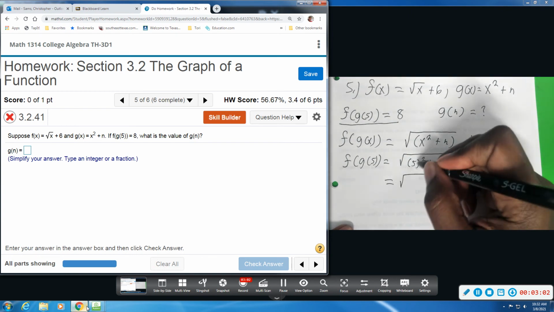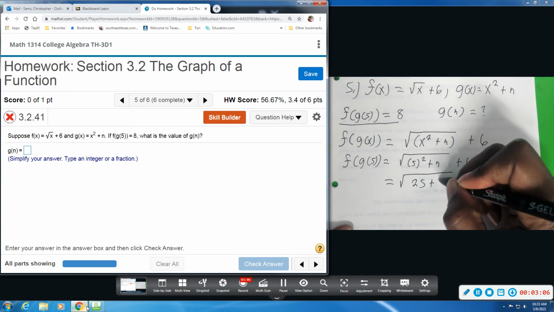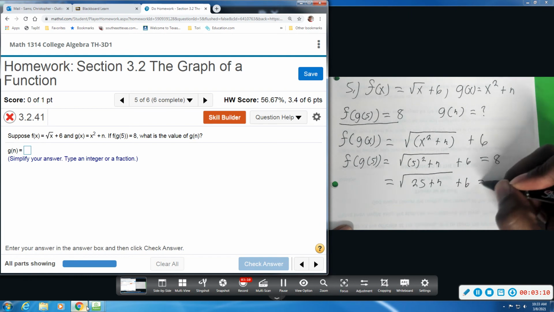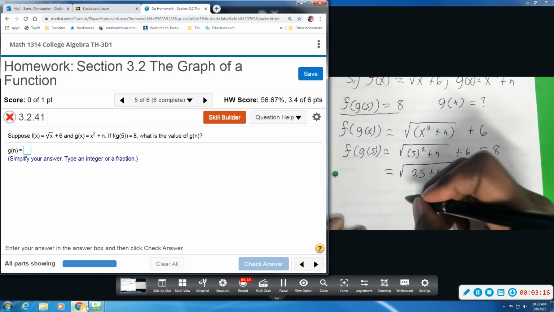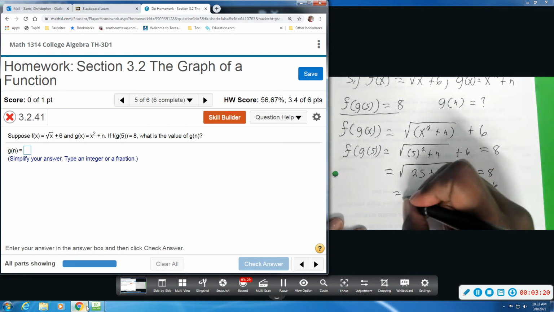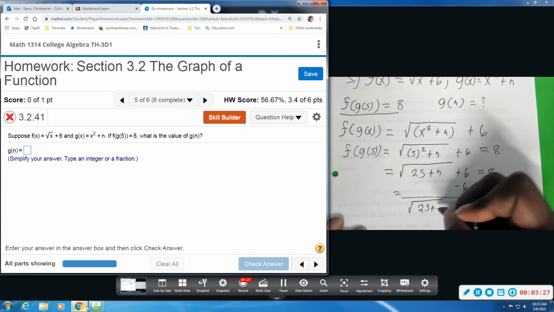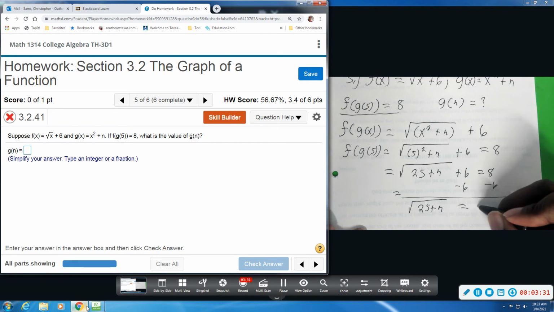So we have square root 5 squared is 25 plus n. And then we have this additional plus 6 equals 8. All right, we're going to subtract 6 from both sides. And then that brings down the square root of 25 plus n, all under that square root, and then that equals 2.